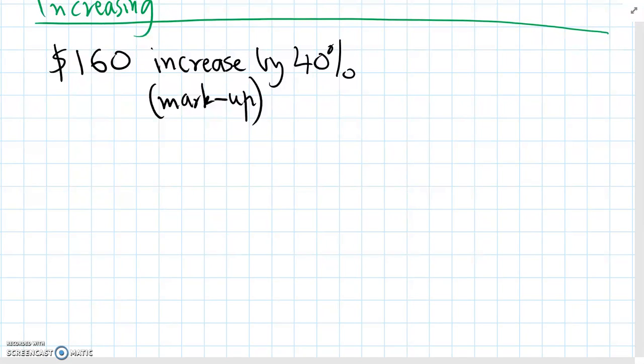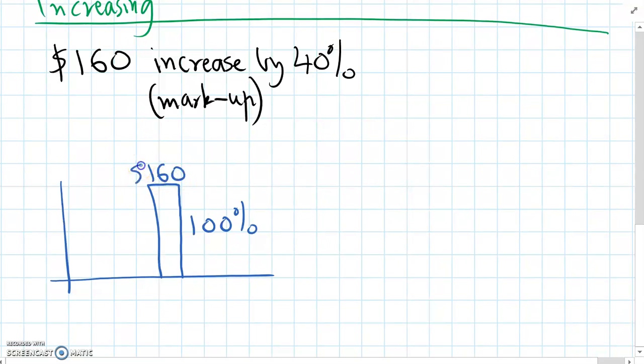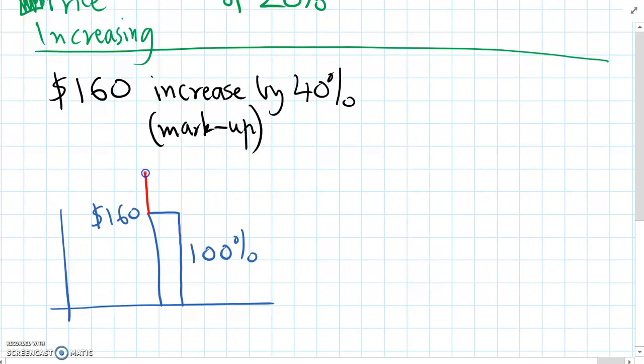One way to think about these questions is imagining the price on a graph. So if this was the original 100%, the original price, so it was $160, we know that the shoes are going up by another 40%. So they were 160, but an extra 40% is about that much.